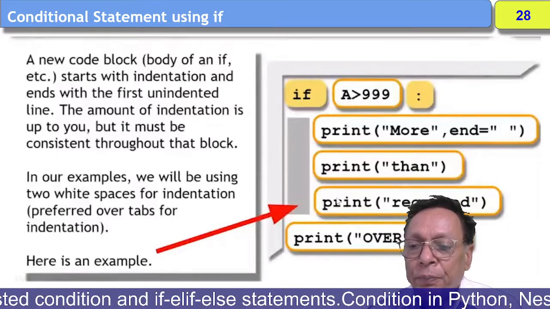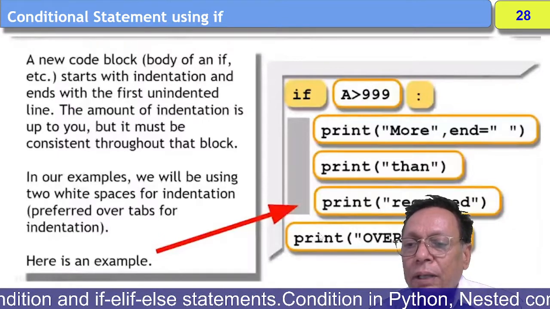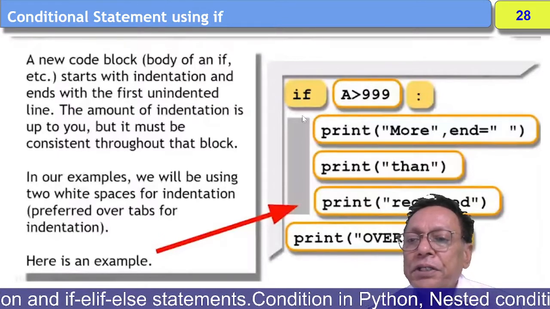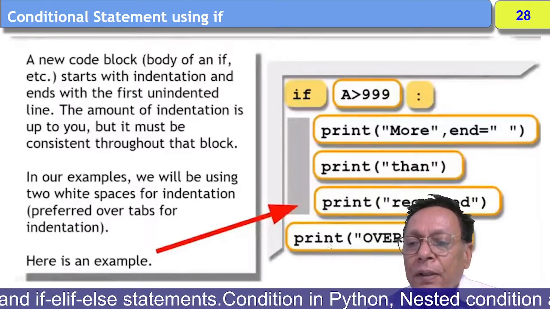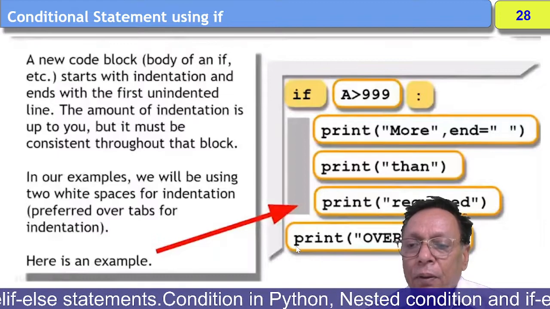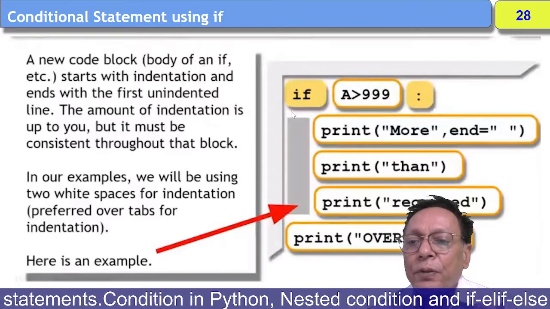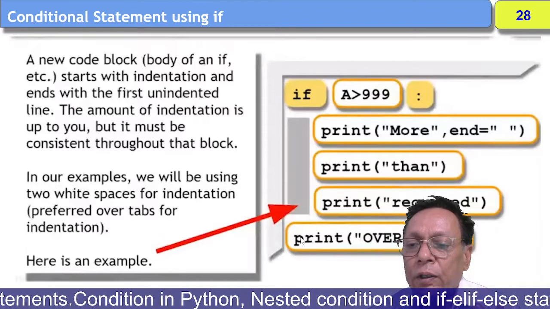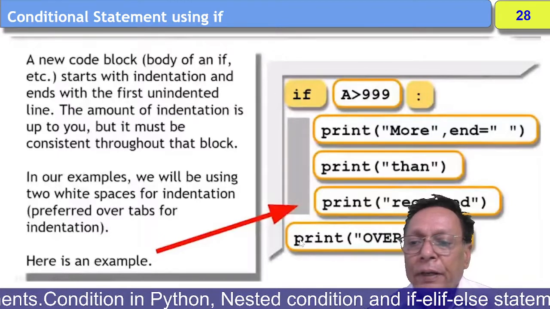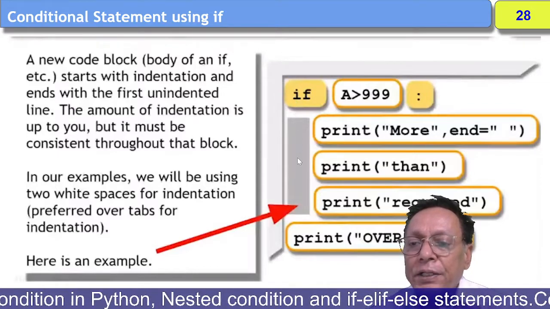And over here, see the statement print over. This statement is not under this condition, as it begins from the same column where the if statement started. So if and print over begin from the same column, so they are on the same indentation.